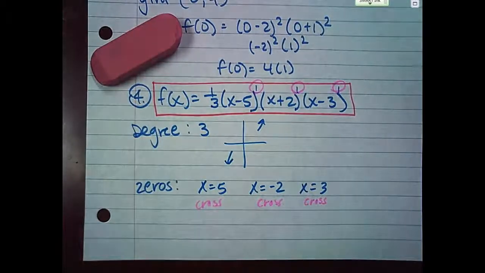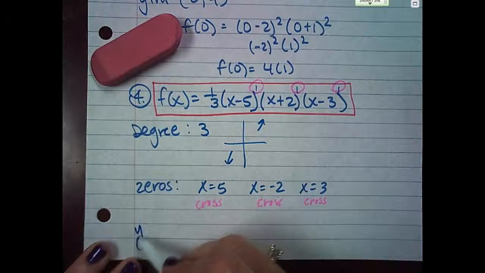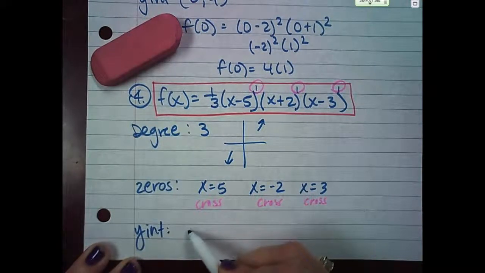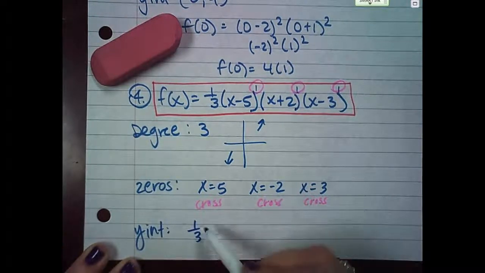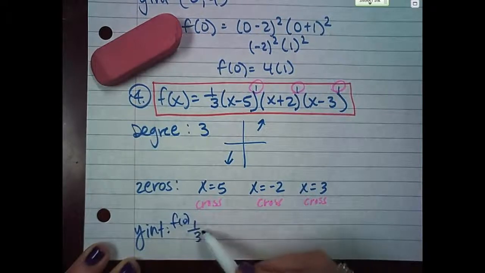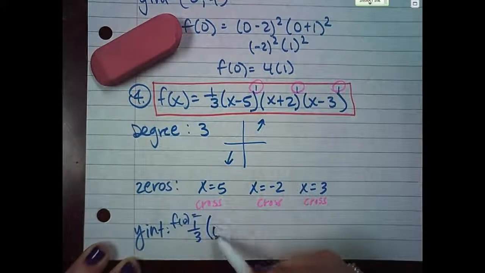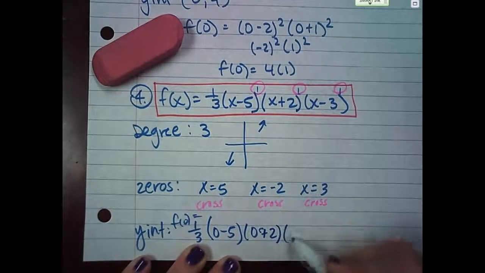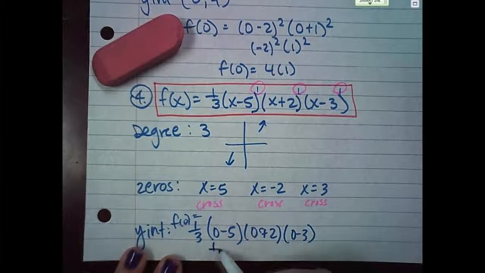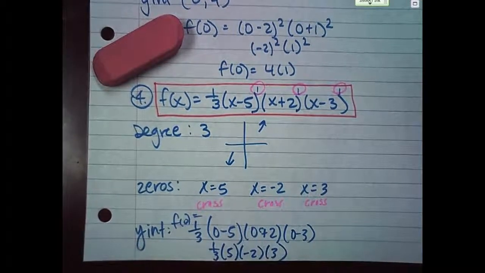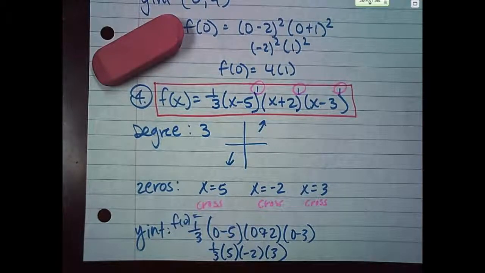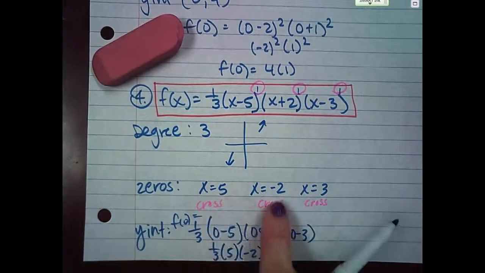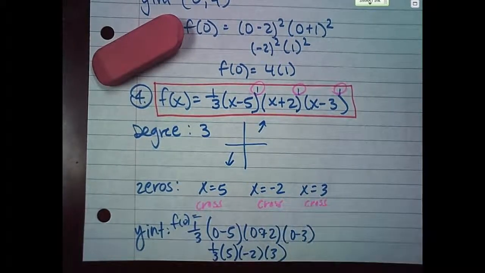And then you need your y-intercept. 1/3 doesn't do anything, guys, but change your y-intercept and what it looks like. 0 minus 5, 0 plus 2, and 0 minus 3. So 1/3 times negative 5 times 2 times negative 3. Wait, do that right.